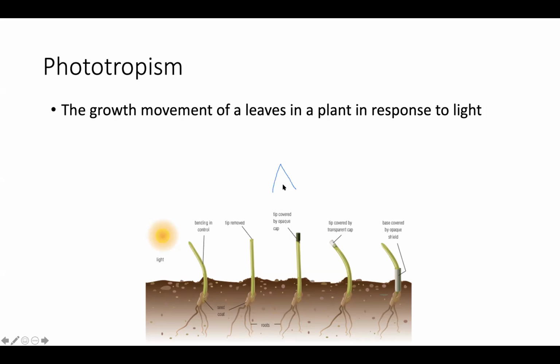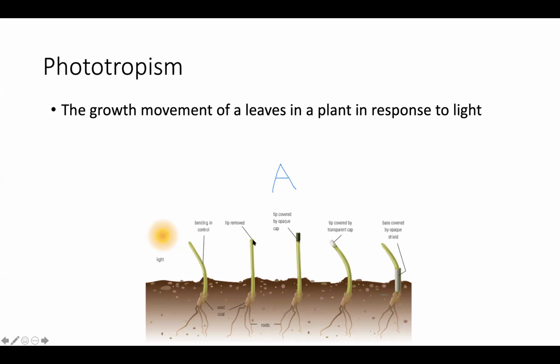So let's do this as A. In scenario A, they covered the apical meristem with something opaque. It does not let any of the light go through. What occurred in that scenario is that the plant just grew straight up. It did not respond to light at all.